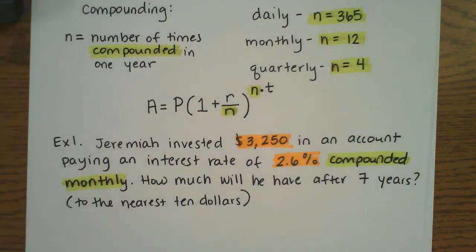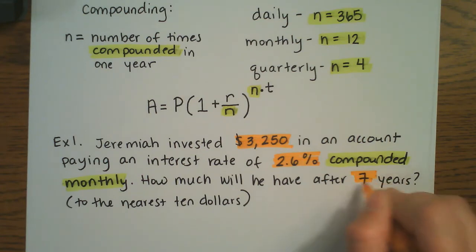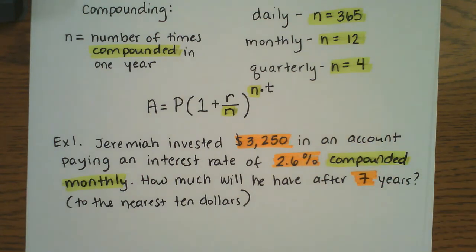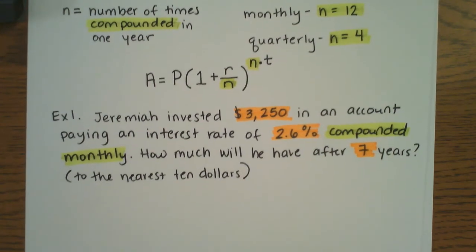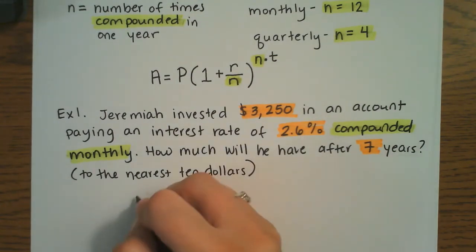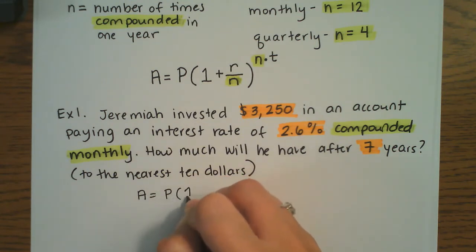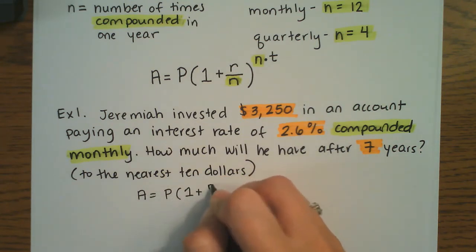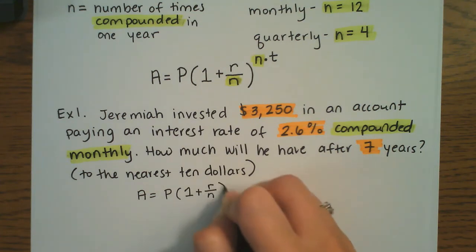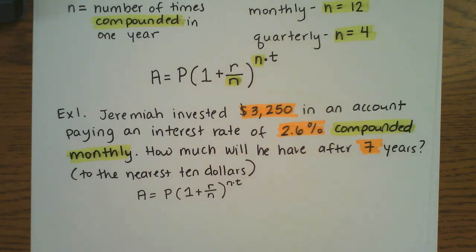So that tells me what I'm going to use for N, and then after 7 years. Okay, so the formula, A equals P times 1 plus R over N to the N times T.